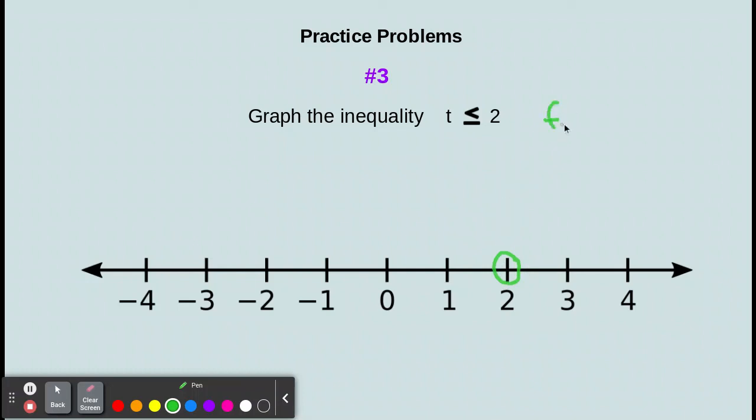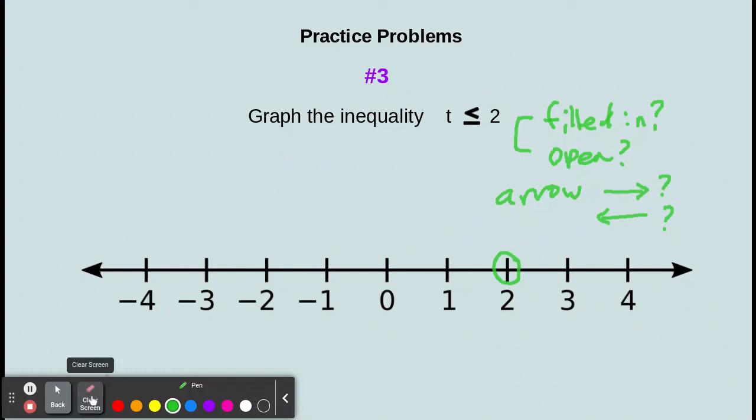So is it filled in or is it open? Okay. So you have to ask yourself that. And then which direction will your arrow go? Does it go right or does it go left? Remember, T is less than 2. Okay. Good job. That ends 4.4.